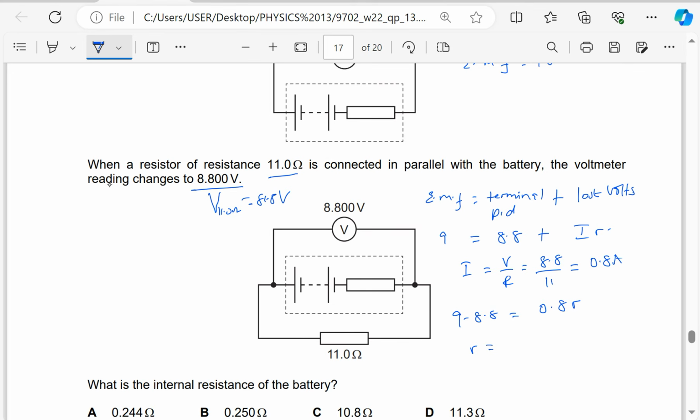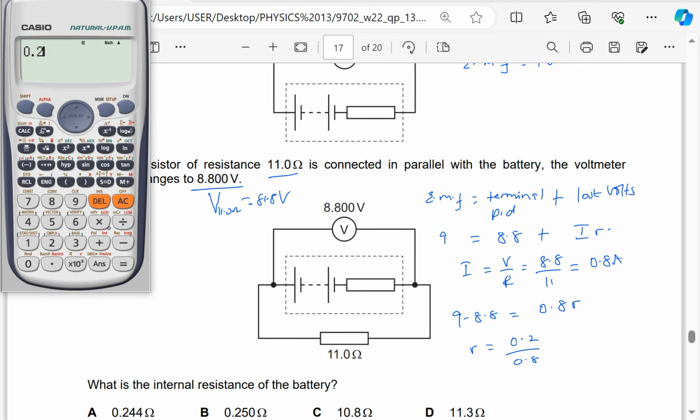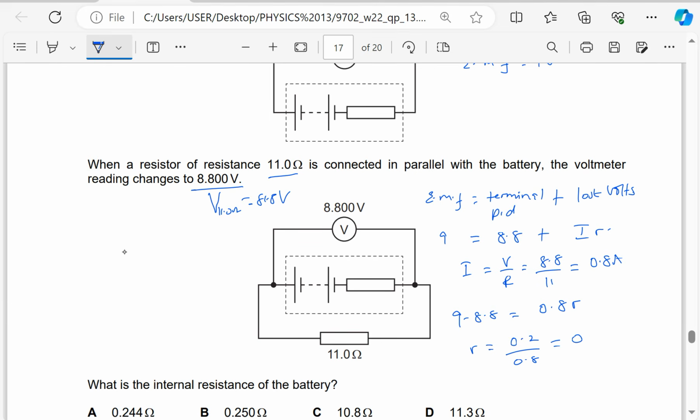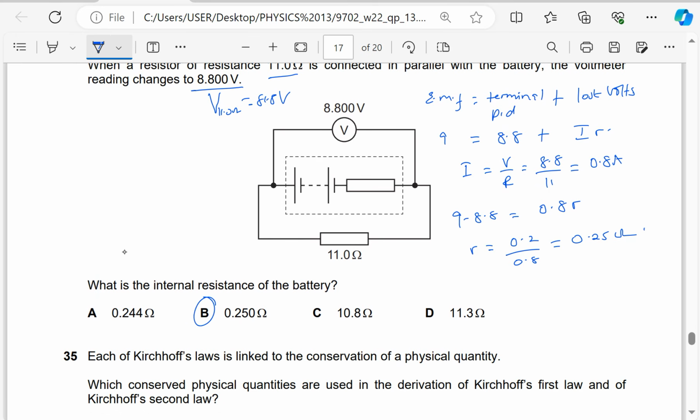So r is going to be 0.2 divided by 0.8. I think that is a quarter, which is 0.25 ohms. So the answer is going to be B.